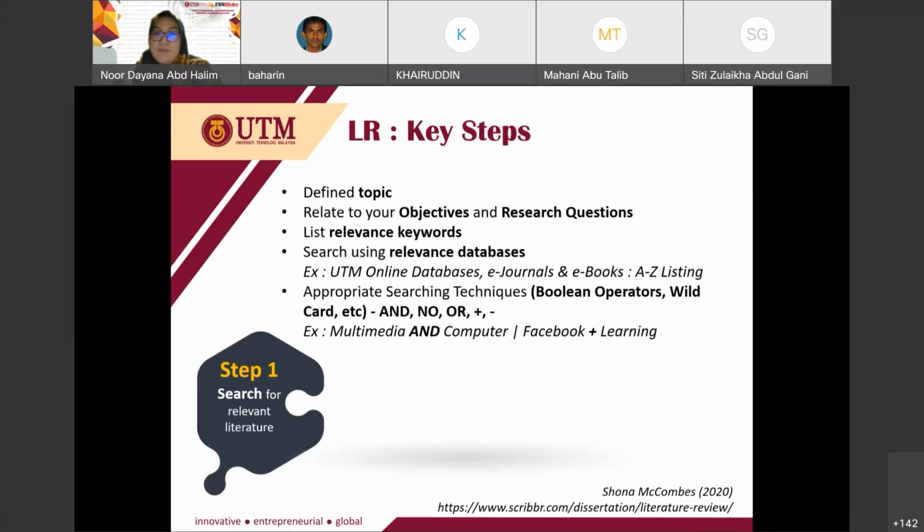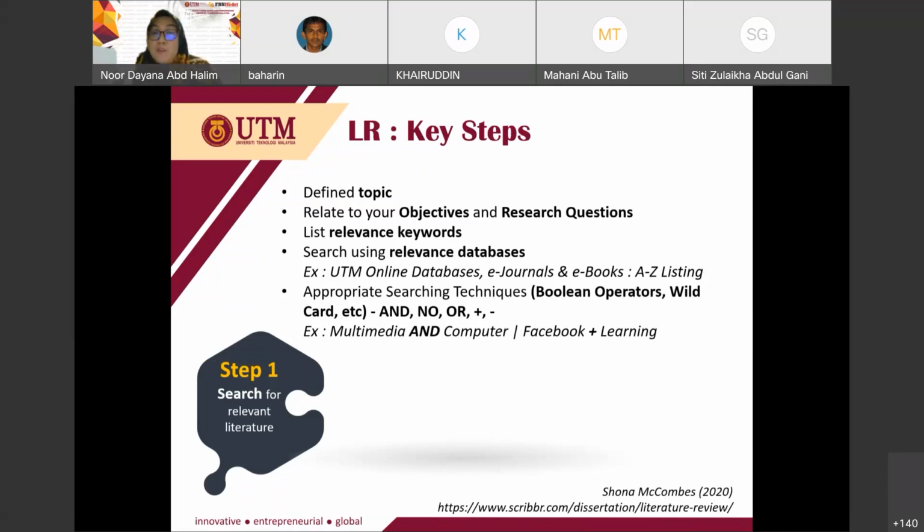I believe this is the first colloquium conducted by the library, arranged by PM Dr. Zack. So you can find the tutorial on how to find articles using the UTM online database in the website.